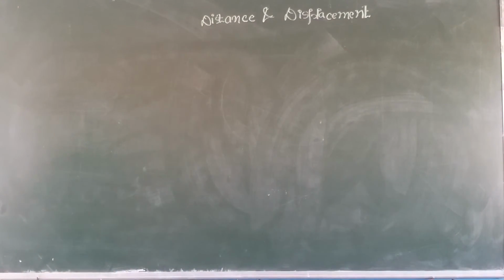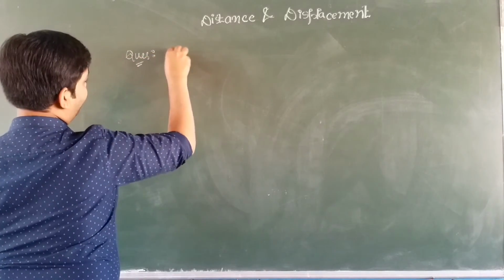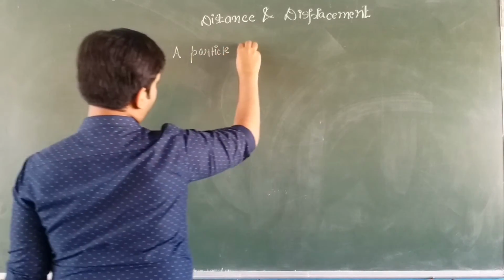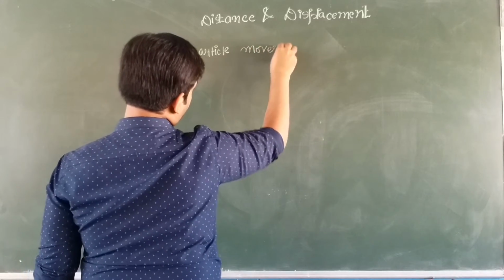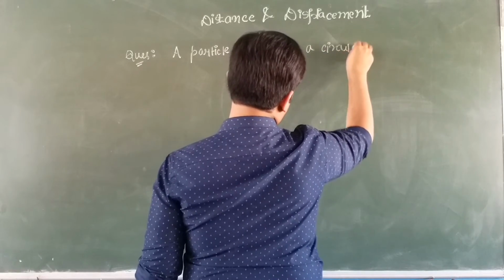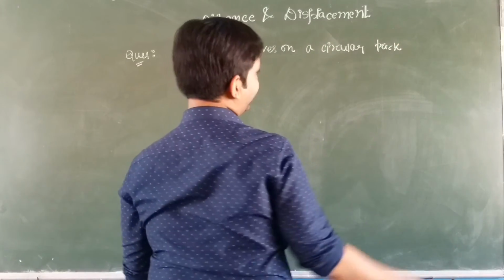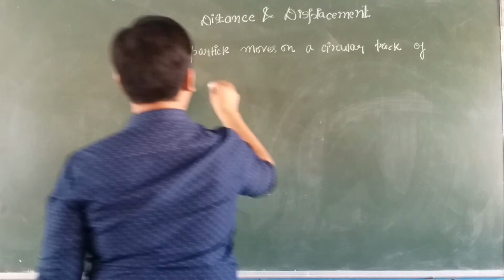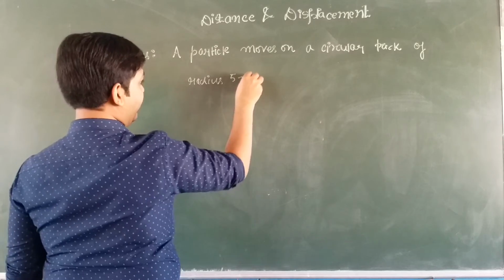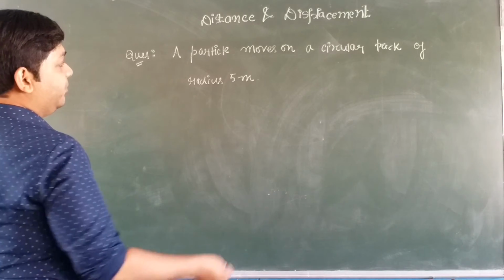The question number 2 says a particle moves on a circular track of radius 5 meter. A particle moves on a circular track of radius 5 meter.